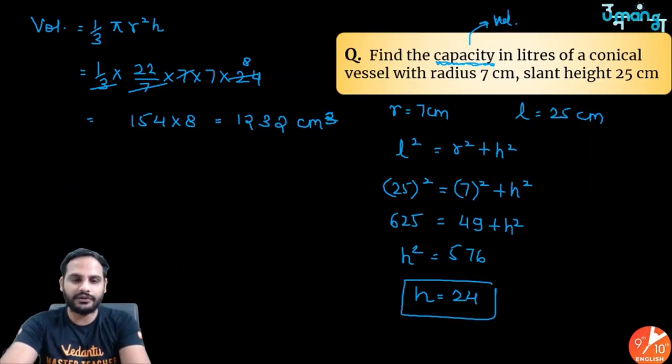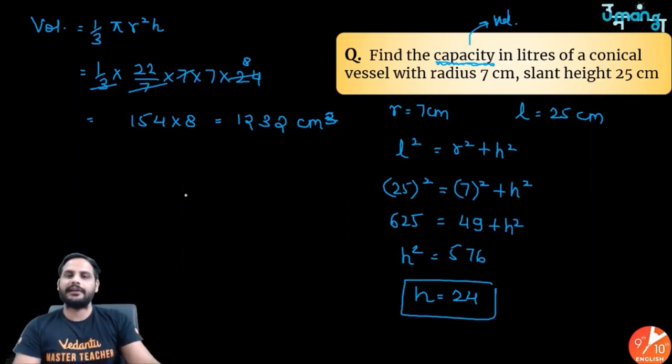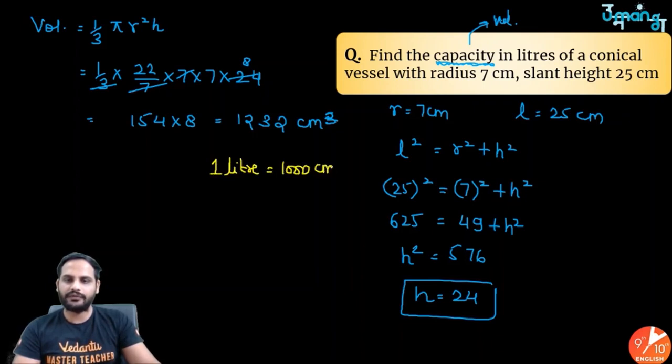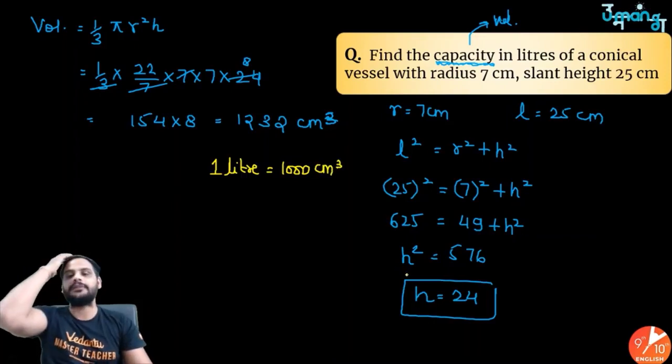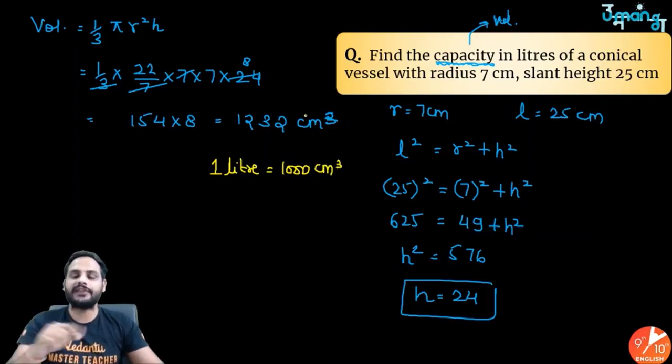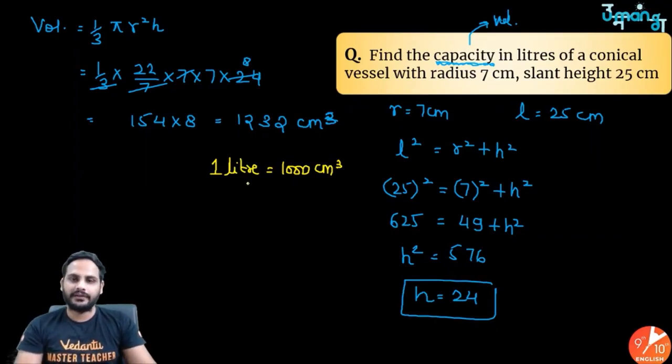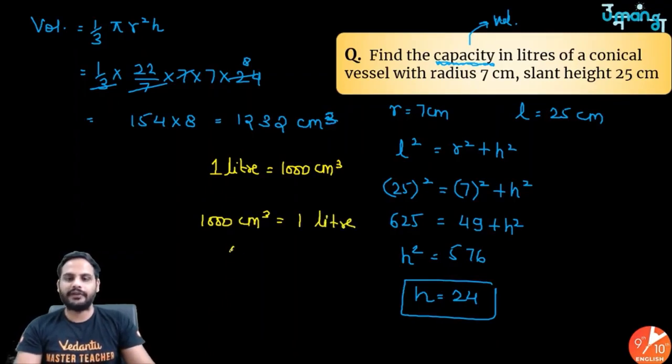Now for the conversion to liters, let me tell you this very clearly. Whenever we convert to liters, remember this: 1 liter is equal to 1000 centimeter cube. So if I have to convert centimeter cube into liters, 1000 centimeter cube is equal to 1 liter, so 1 centimeter cube will be 1 by 1000 liters.